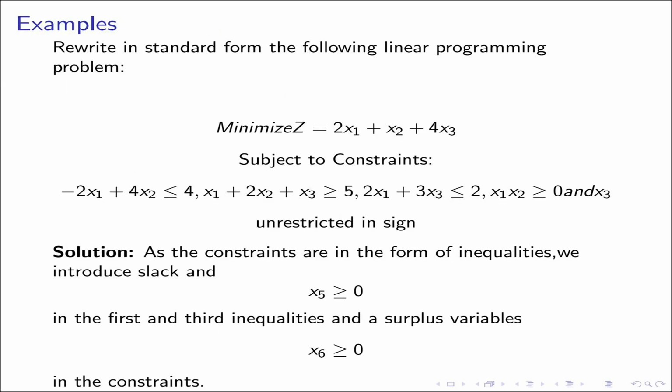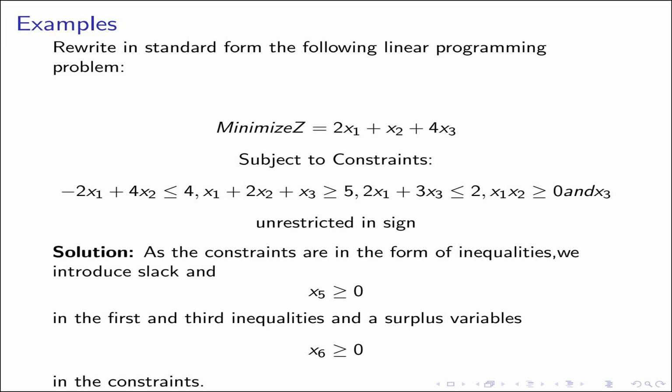Next, we will see the examples of general LPP. Rewrite in standard form the following linear programming problem. Minimize Z = 2x1 + x2 + 4x3 subject to constraints -2x1 + 4x2 ≤ 4, x1 + 2x2 + x3 ≥ 5, 2x1 + 3x3 ≤ 2, x1, x2 ≥ 0 and x3 is unrestricted in sign.